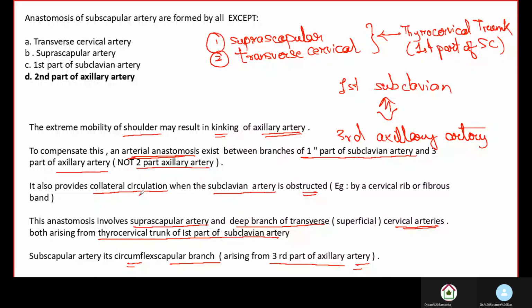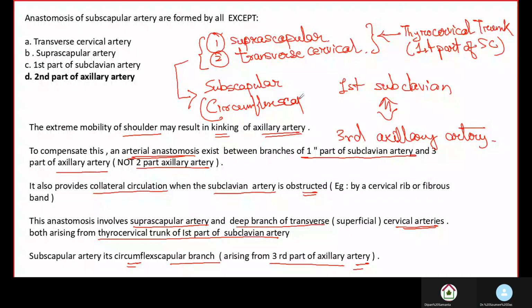And this anastomoses with the subscapular artery and its circumflex scapular branch. And this subscapular artery arises from the third part of the axillary artery.